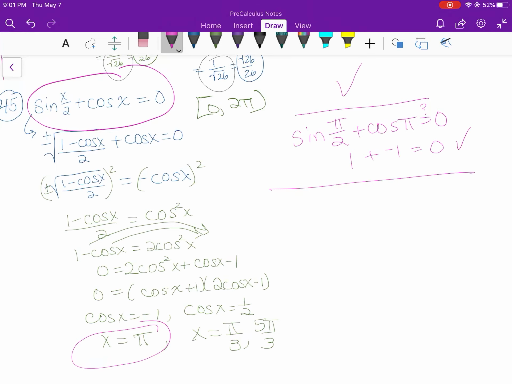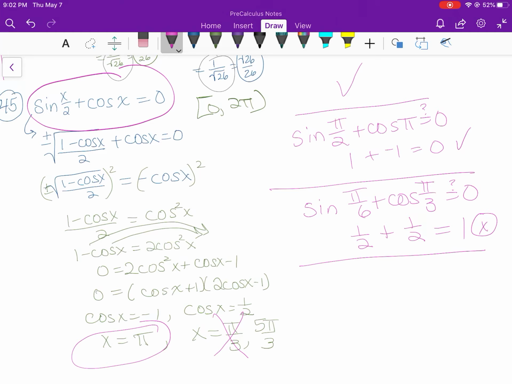Then we're going to check pi over 3. Pi over 3 divided by 2 is pi over 6. Is that equal to 0? So we have 1/2. The cosine of pi over 3 is 1/2. That equals 1. That's not equal to 0.